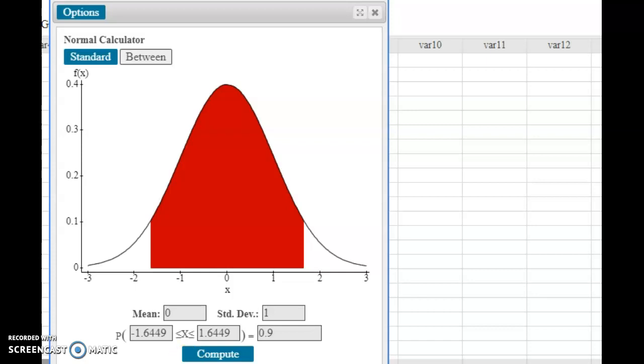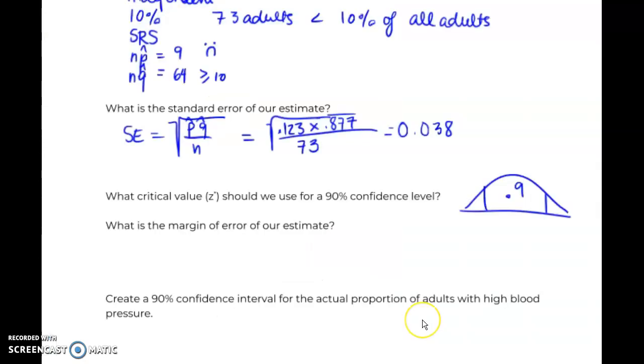It's one of the most common ones, and it's right in between 1.64 and 1.65, and therefore it's rounded to 1.645. So our critical value is 1.645.